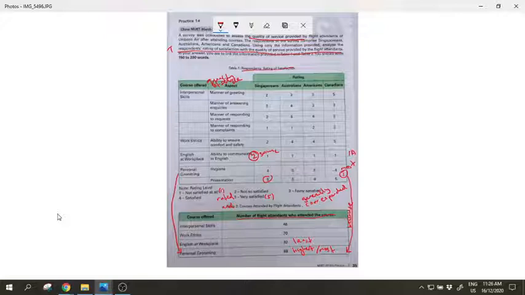And this was due to, or this corresponded with the number of flight attendants who attended the English at Workplace course, which was the least, only 32.